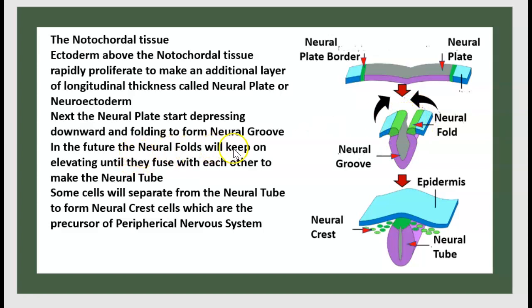The neural folds keep elevating until they fuse with each other to make the neural tube. Some cells separate from the neural tube to form the neural crest, which are the precursors of the peripheral nervous system.